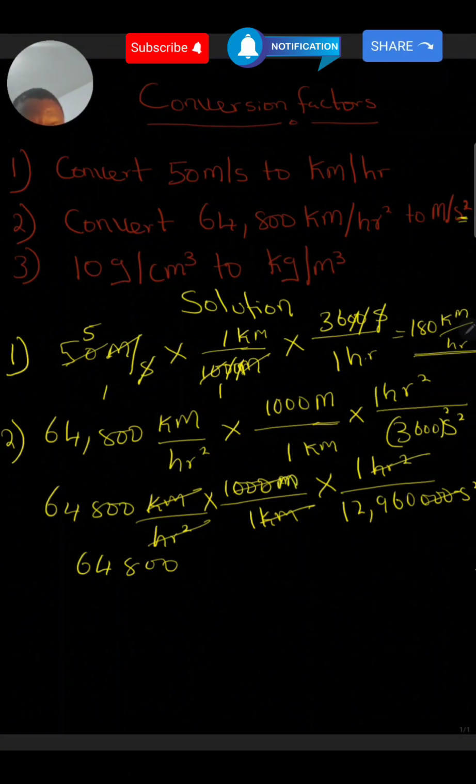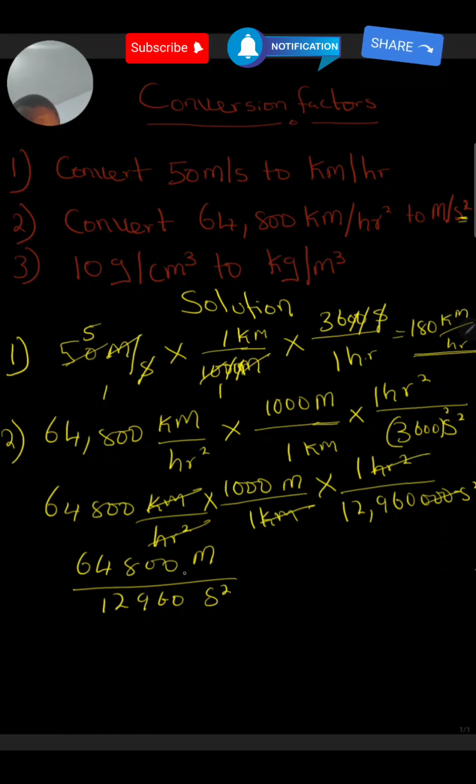We did not cancel the unit here, meter, over 12,960 seconds squared. Now, when we cancel this out, this will go into this how many times? Okay, so when we cancel out, this will give us 5 meter per second squared. So this is the answer for the second question.